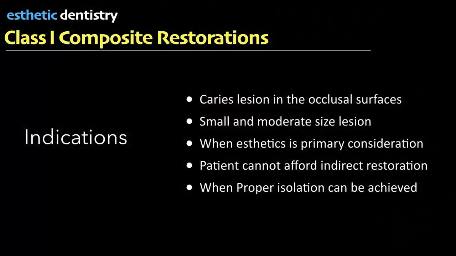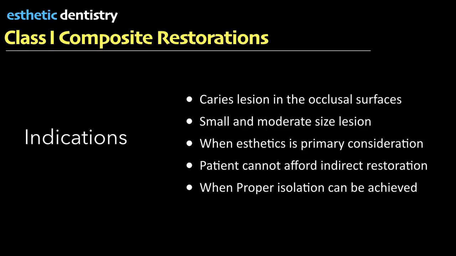Talking about the indications of class 1 composite restoration, there are some absolute indications whenever doing an occlusal composite restoration. Small and moderate restorations, preferably with enamel margins. Most premolar or molar restorations, particularly when aesthetics is considered. A restoration that does not provide all of the occlusal contacts, or a restoration that does not have any occlusal contacts.